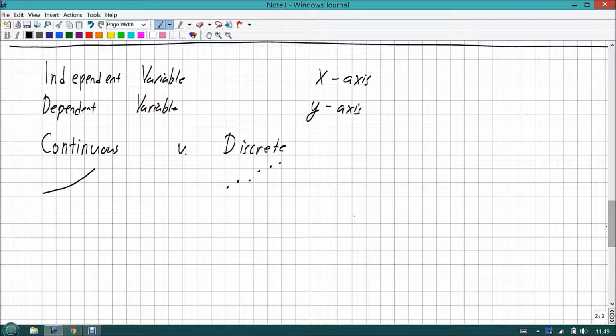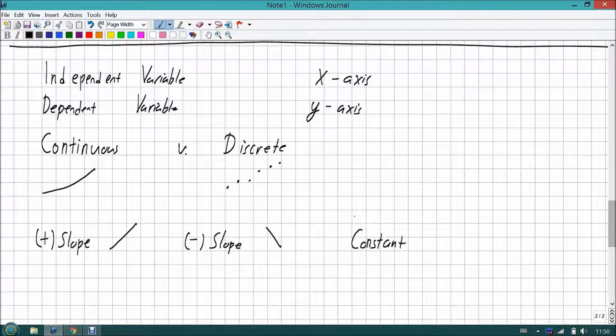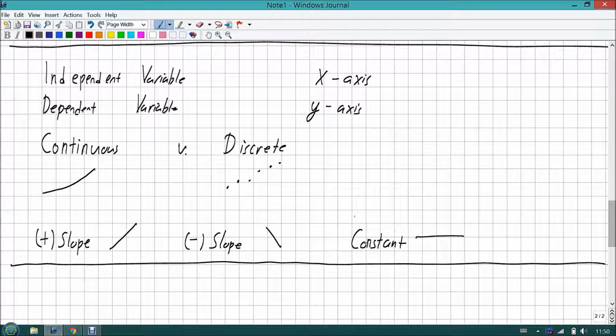And we have learned positive slope, which is increasing, negative slope, which is decreasing, and we have constant slope, which is flatline. And that's it. That's really it. It's all about concepts today.